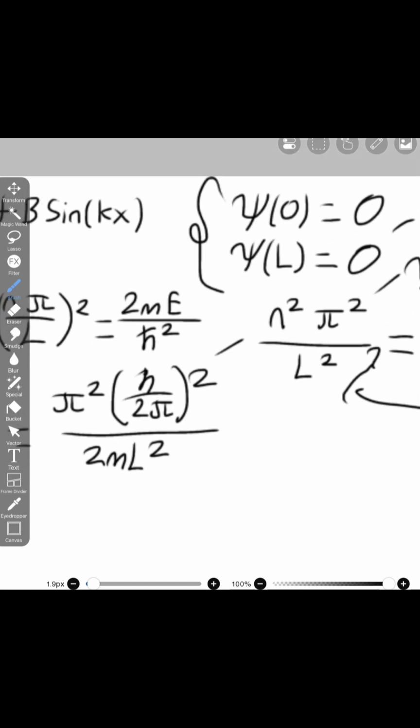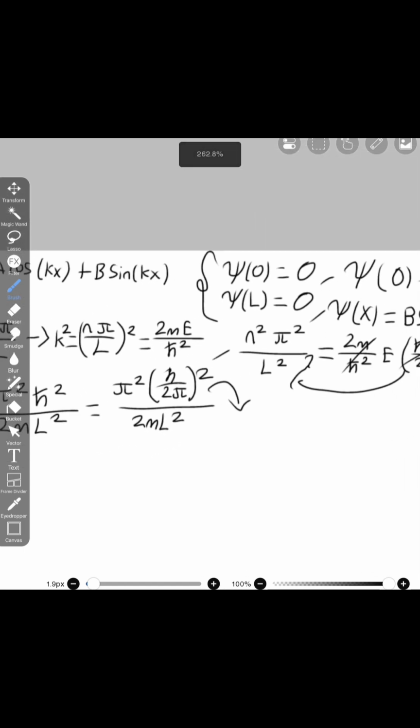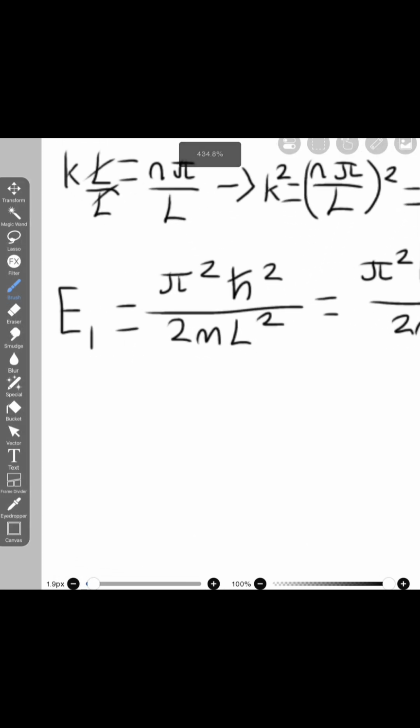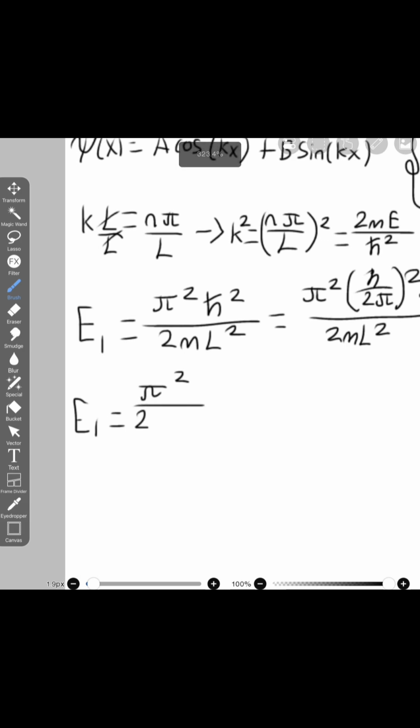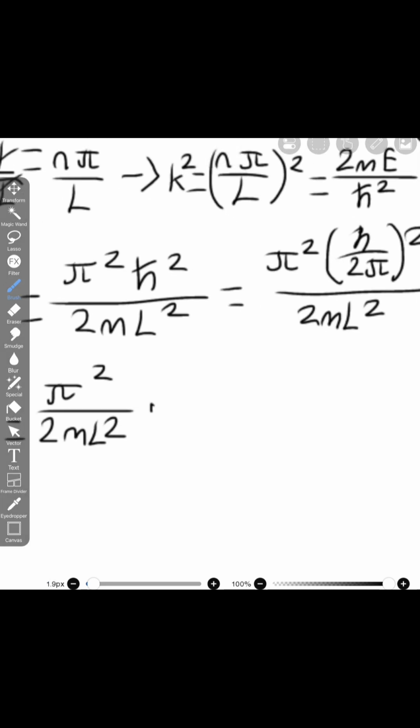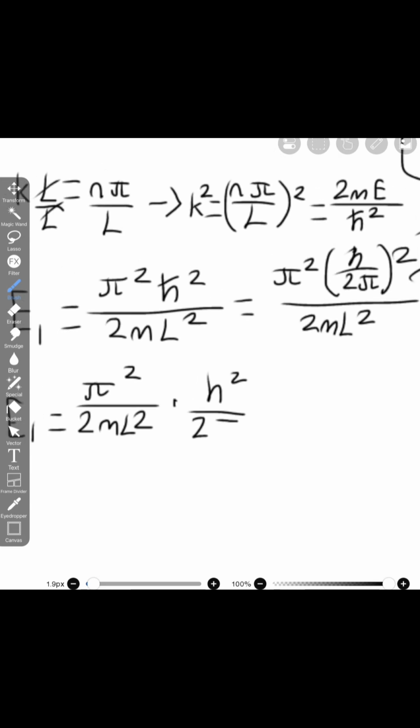We need to move this down so it doesn't become too vague. So we have E1 equals pi squared all over 2m L squared times h squared all over 2 pi.